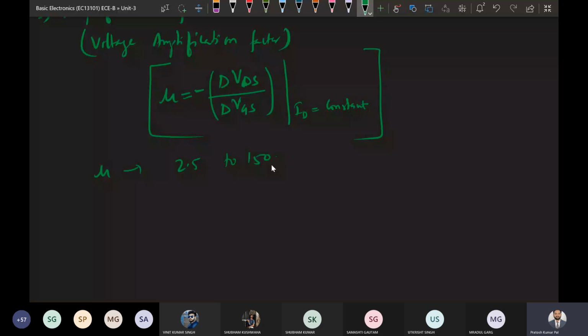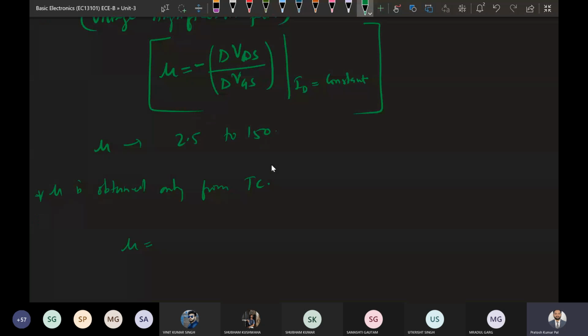So mu is obtained only from transfer characteristics. If we see the relation, we can rearrange the parameters like mu equals change in VDS over change in VGS.